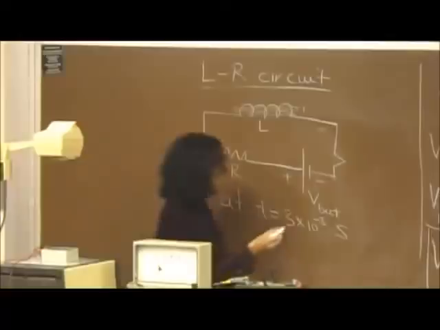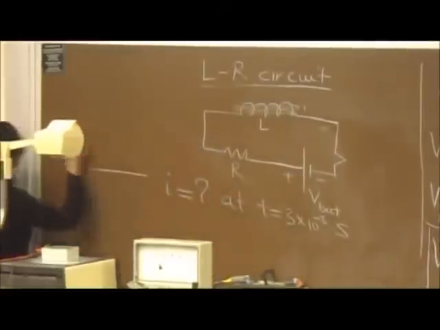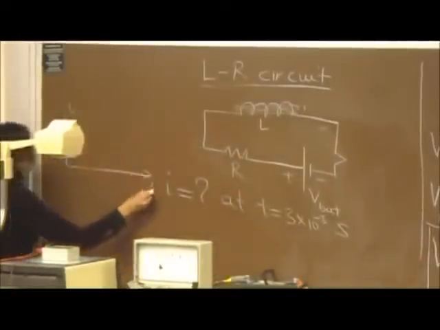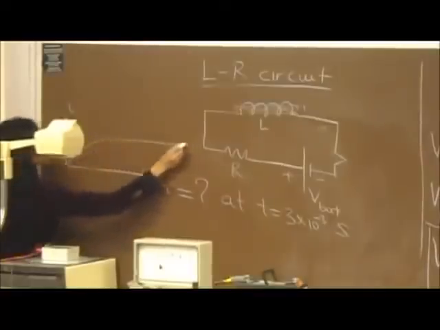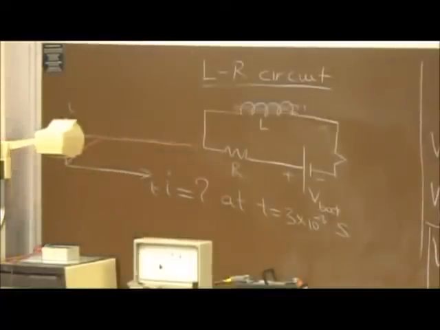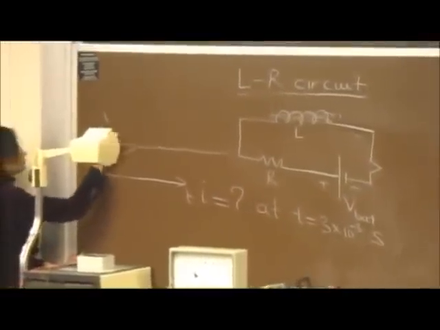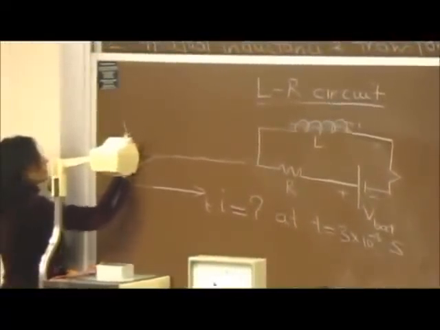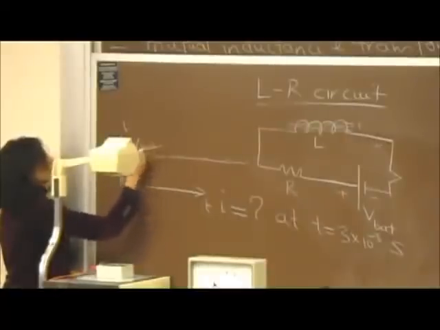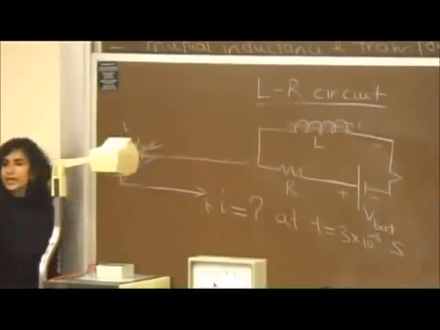That will happen after some time. Remember I told you the current as a function of time will not immediately go to its maximum value. That maximum value, does everybody see that I max should definitely be V battery divided by R?